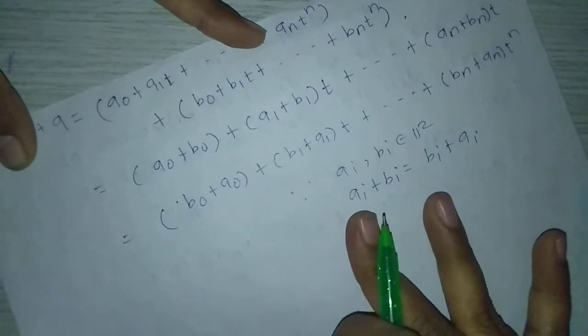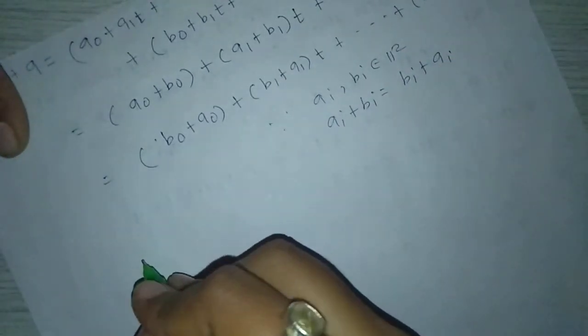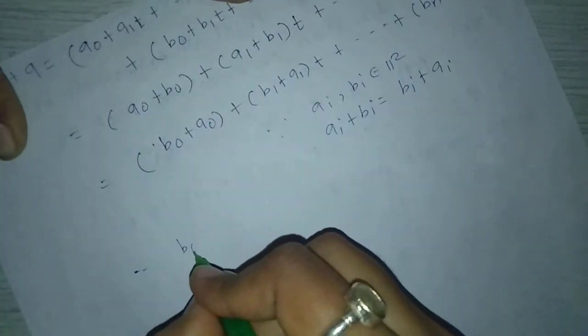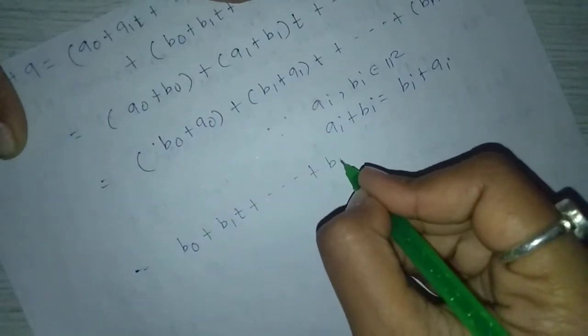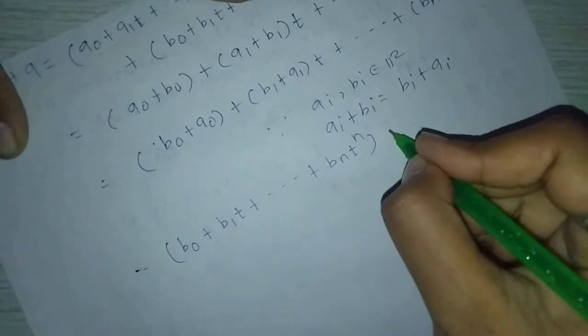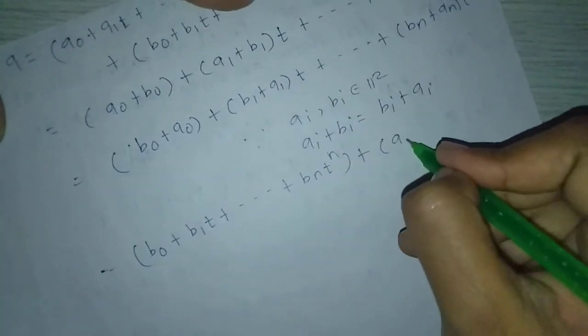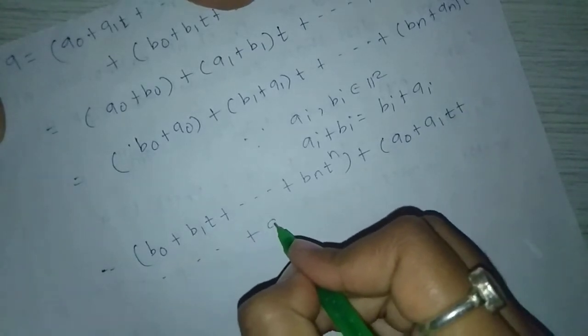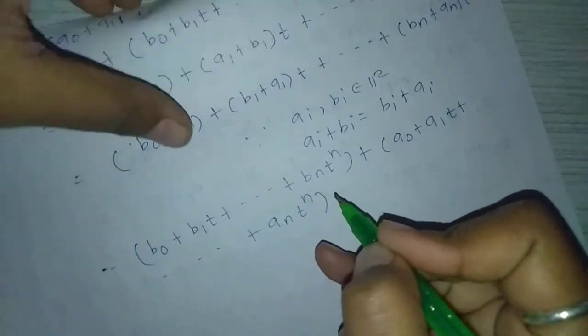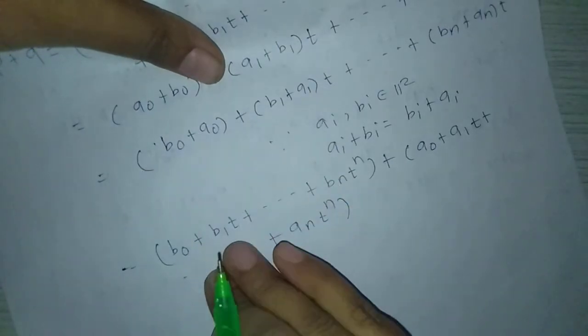Commutativity property is satisfied in R. So this can be written as b0 plus b1t plus and so on plus bn t raised to n, plus a0 plus a1t plus and so on plus an t raised to n. This equals this.